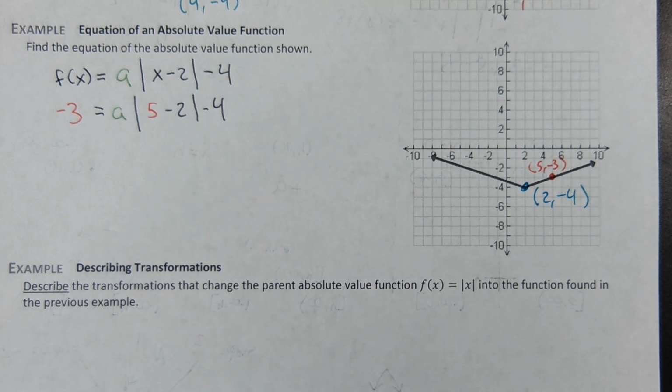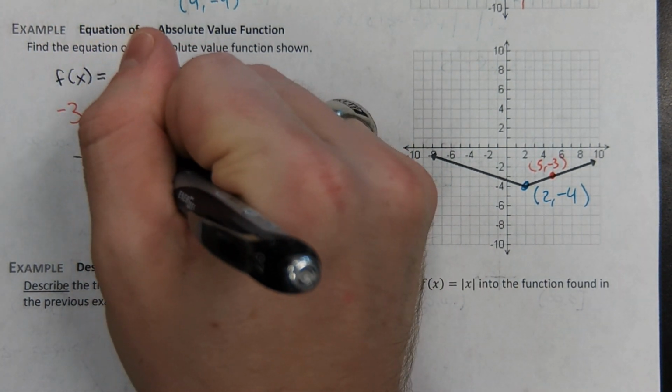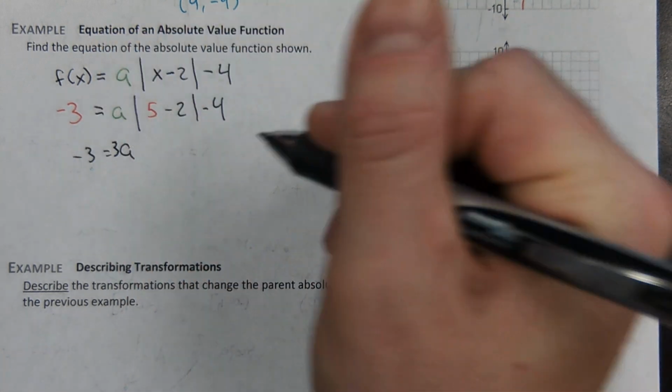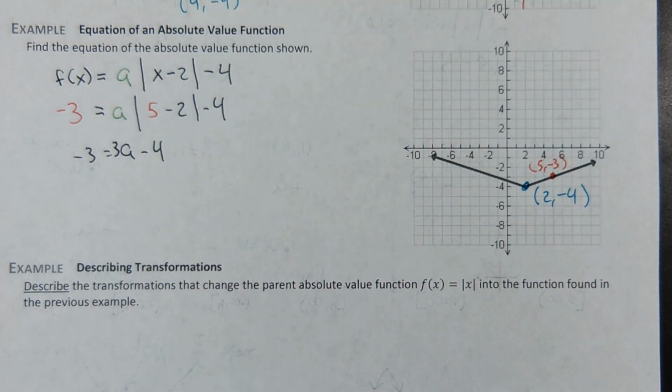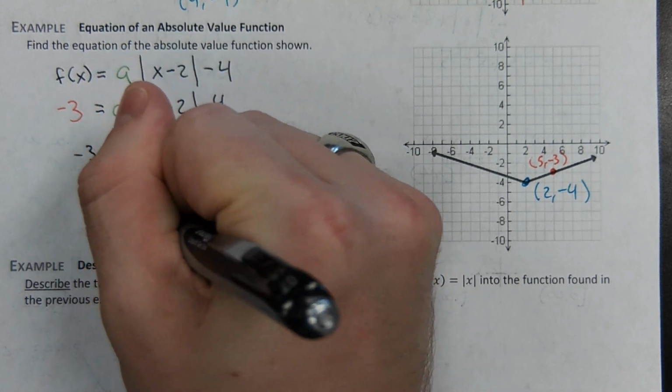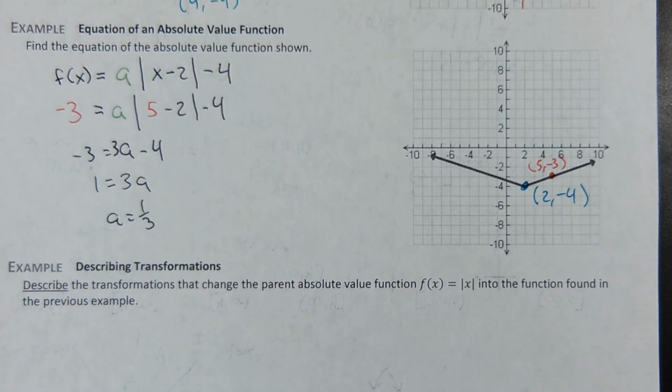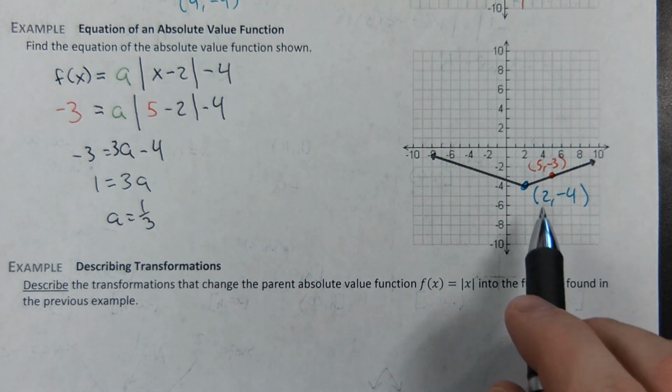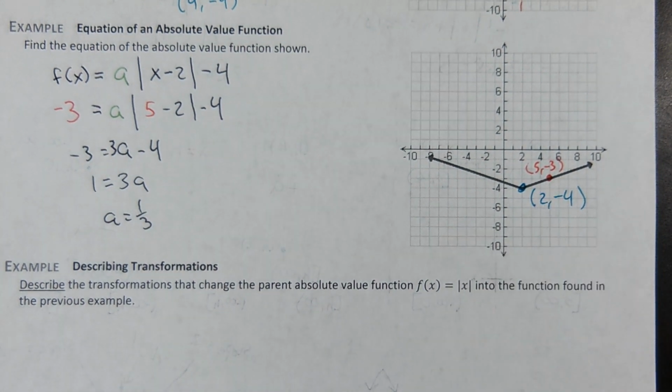Evaluate. Well, 5 minus 2 is 3. And the absolute value of 3 is 3. Add 4. And divide by 3. And then, yes, if you count up 1, right 3, you will find the coordinate 5, negative 3.